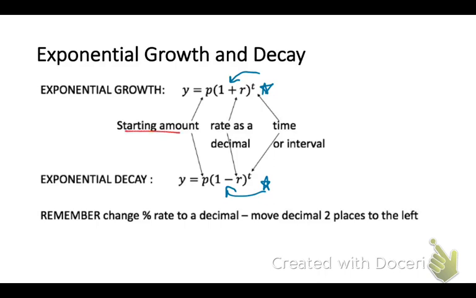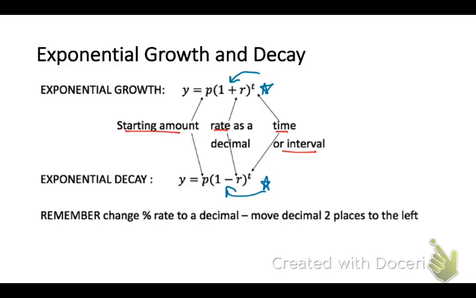The r is your rate of growth or decay as a decimal. So if you are increasing 3%, then that would be 0.03. You move the decimal point 2 places to the left. And then t, which is the power, is the time interval. And that can vary from each situation.